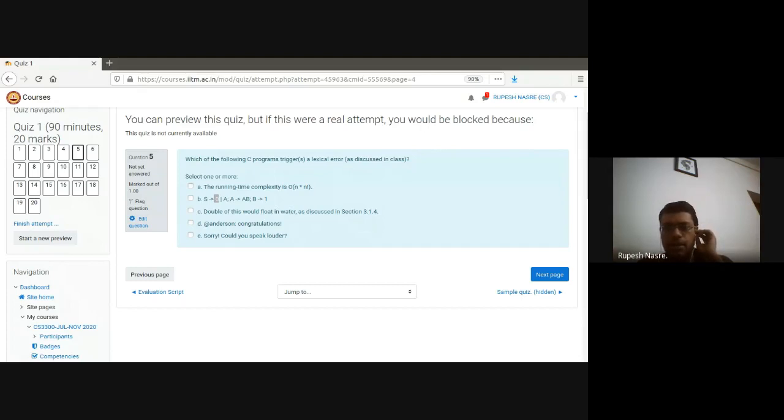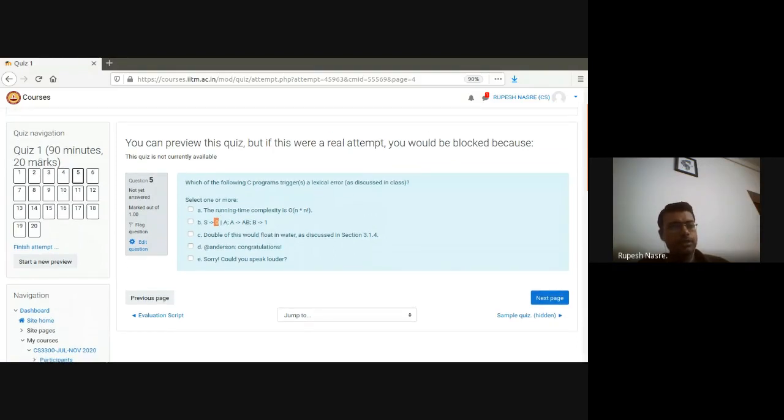It's the parser that gives the error. Our parser will give the error in both A as well as B. The lexer cannot give the error, because in general it won't be able to parse it.